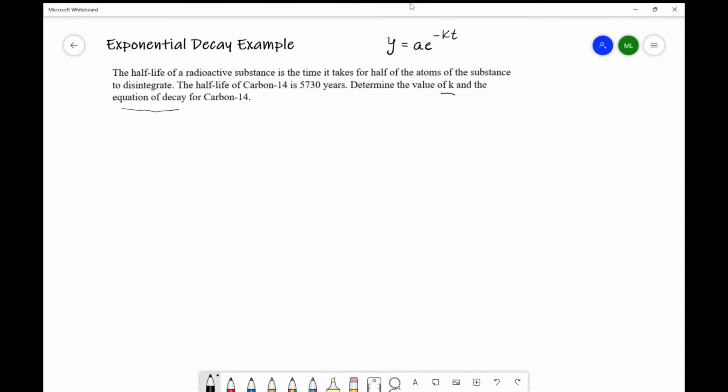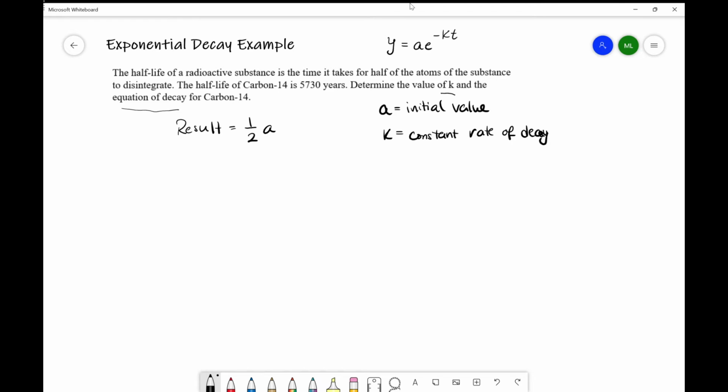They also explicitly tell you that you are looking for an equation of decay. So with half-life, you know that your result is going to be half of a, because a is the initial value in an exponential decay function. e is a constant. k is the constant rate of decay here.